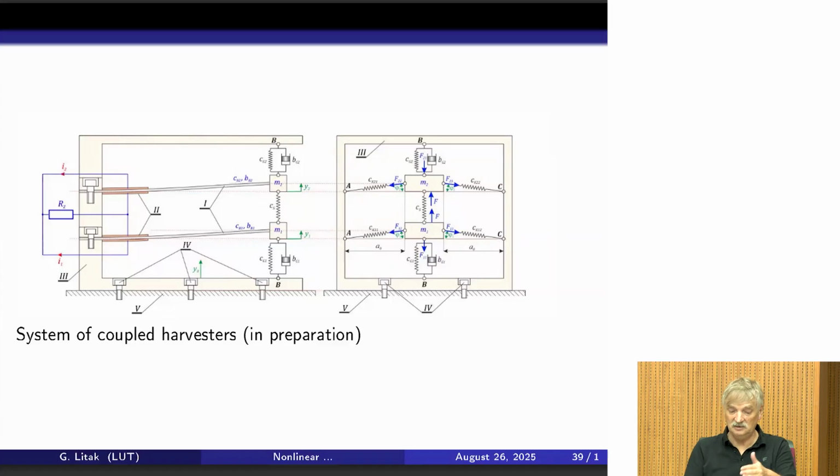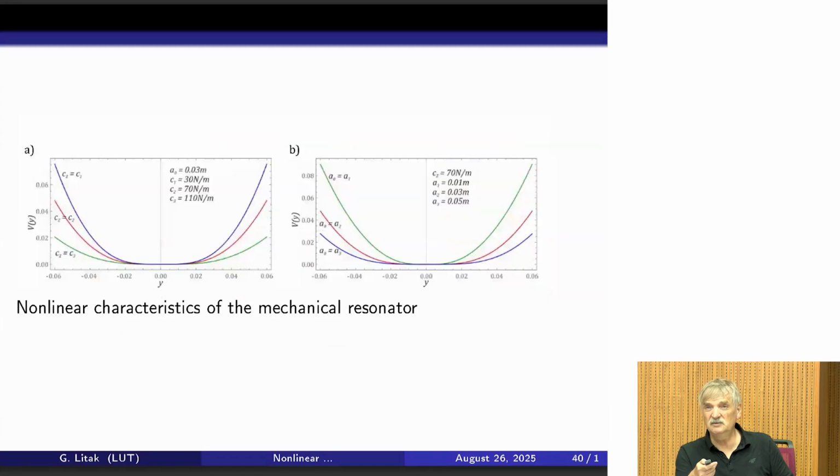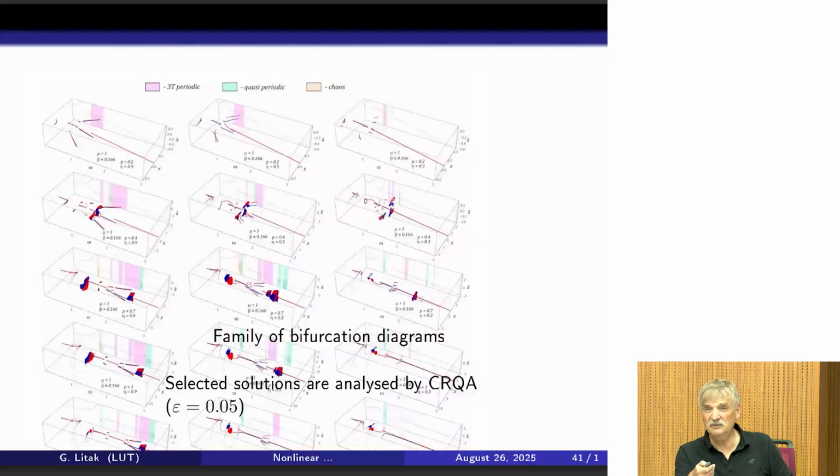Here we have two coupled oscillators, but with quasi-zero stiffness, and you can see this flattening effect here. We also studied the bifurcation diagrams. These are energy harvesting systems.